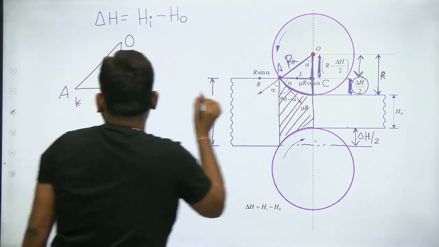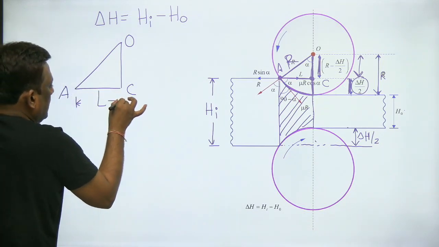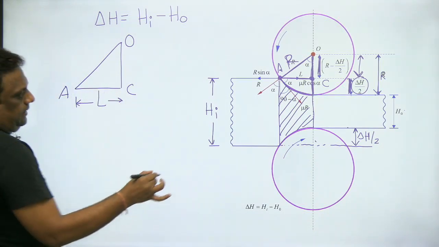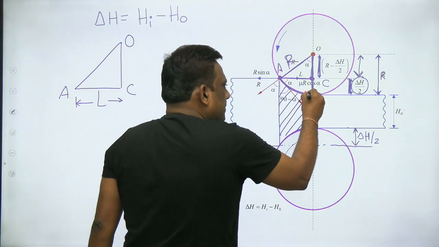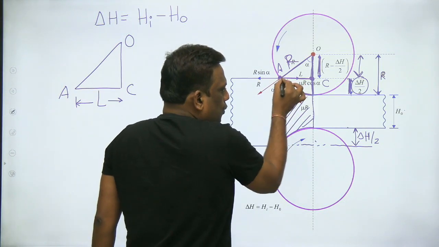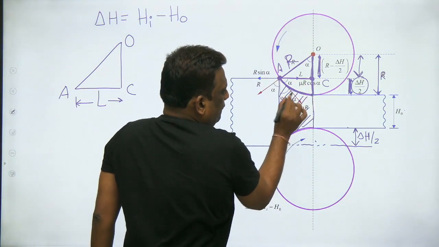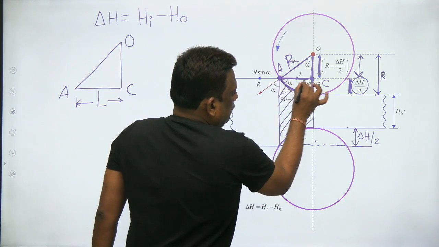And this length, let it be L, which we call the contact length. The contact is made by this workpiece with the rolls from here to here. So if I take this projected one, we have this L.